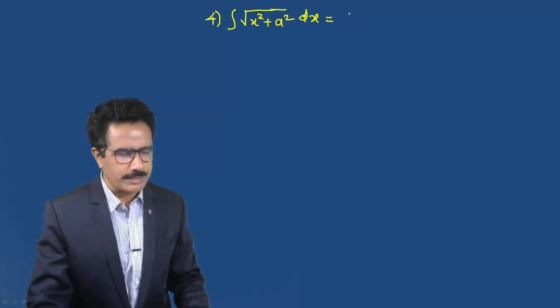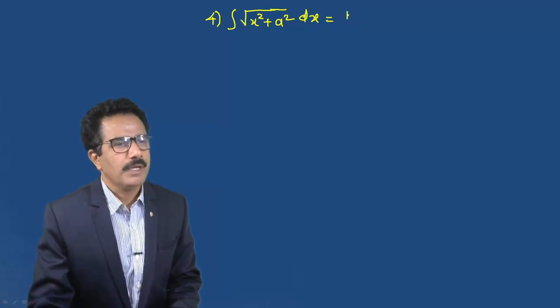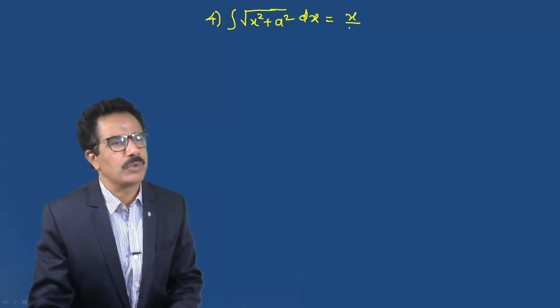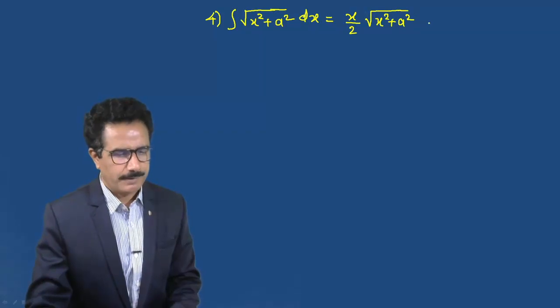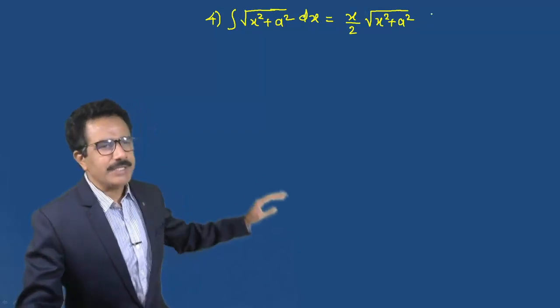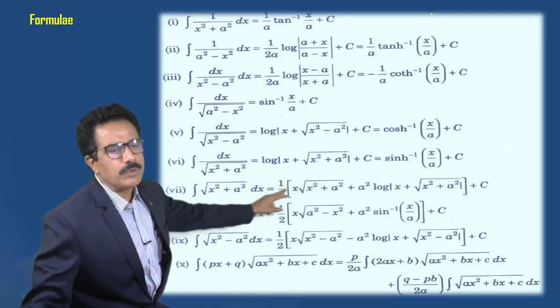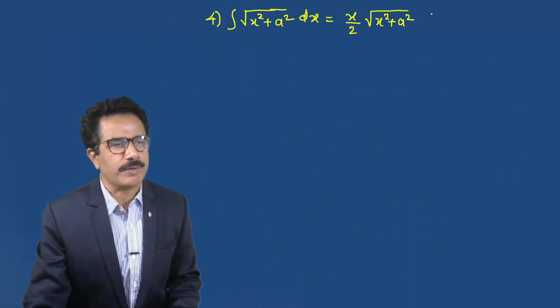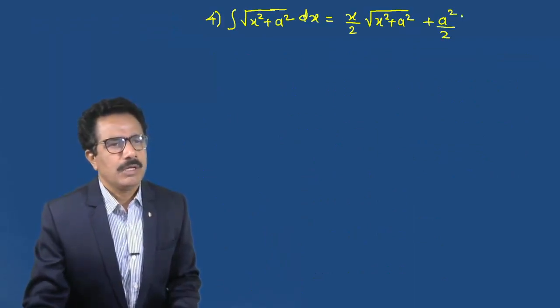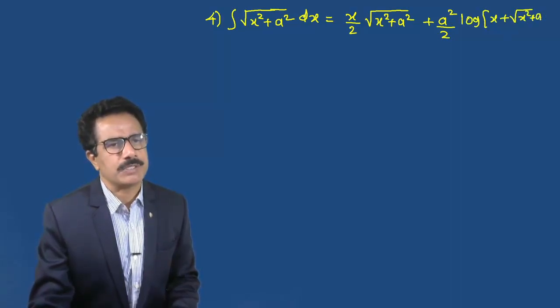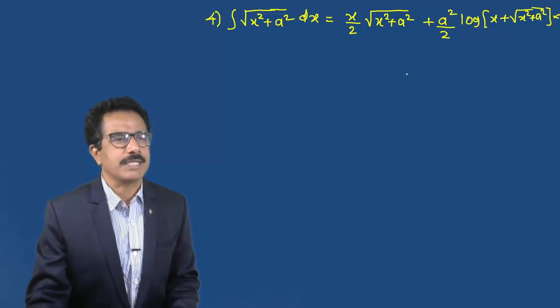So we have to use the standard form of x by 2 root of x square plus a square, into, we can again use that formula, that is, x by 2 root x square plus a square by 2 log of x plus root x square plus a square plus constant of integration c.